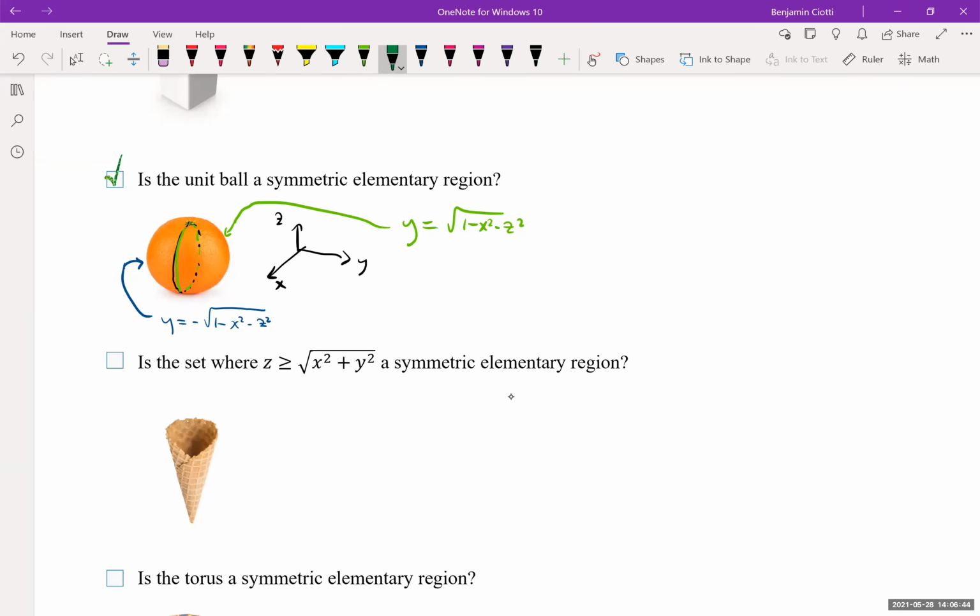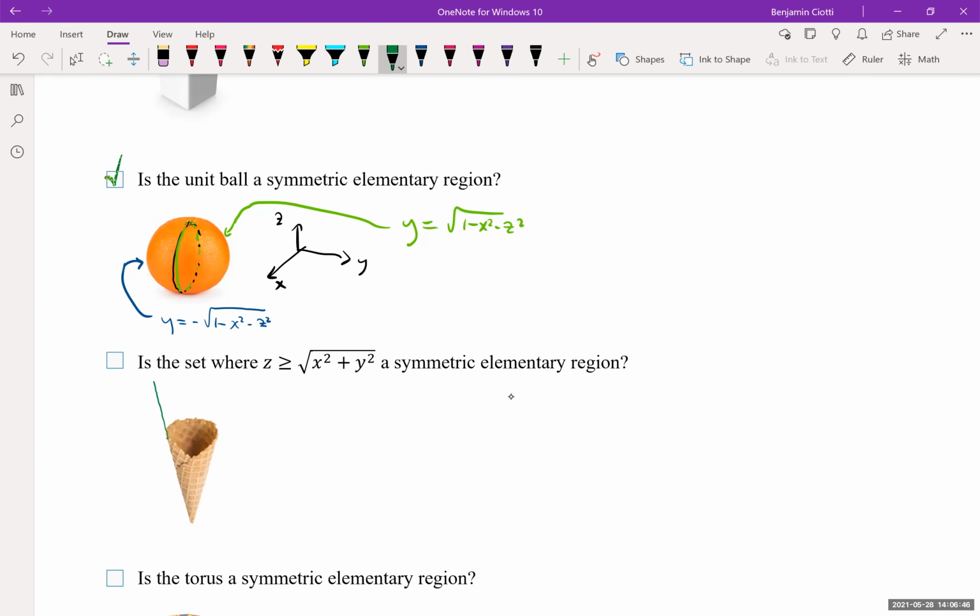It apparently extends indefinitely, so it keeps on going up. We would say this region is unbounded because it extends indefinitely in the vertical direction.